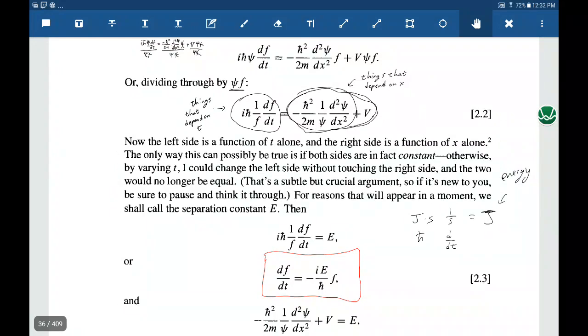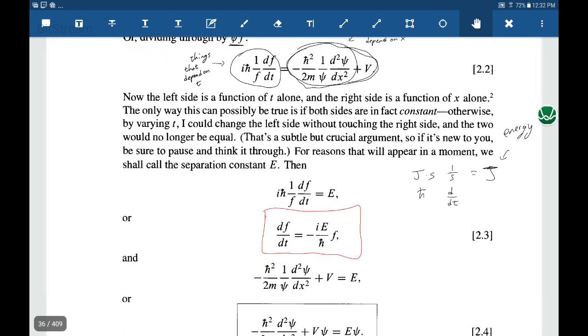But this is our goal whenever we are doing a separation of variables, like our purpose for doing separation of variables is to have things that depend on one variable on one side of the equal sign, and things that depend on the other variable on the other side of the equal sign.